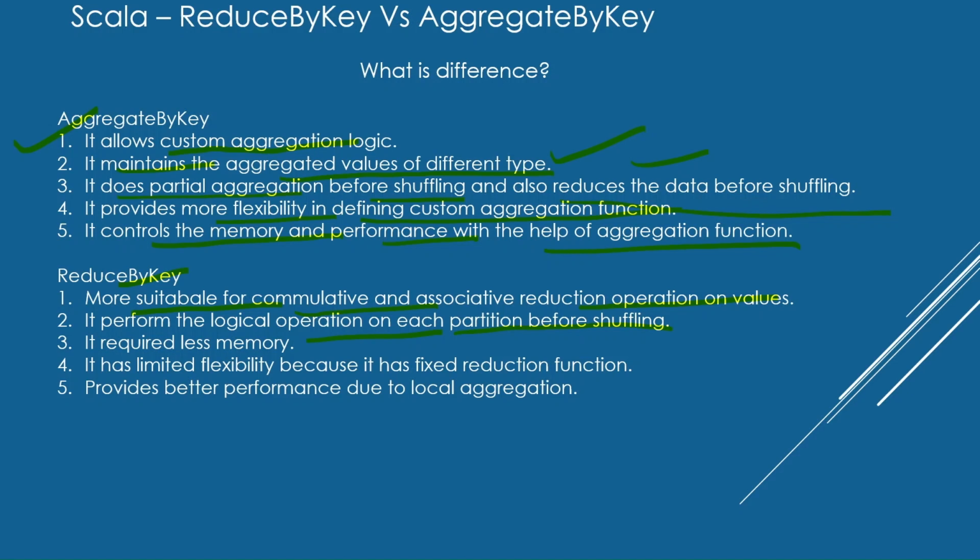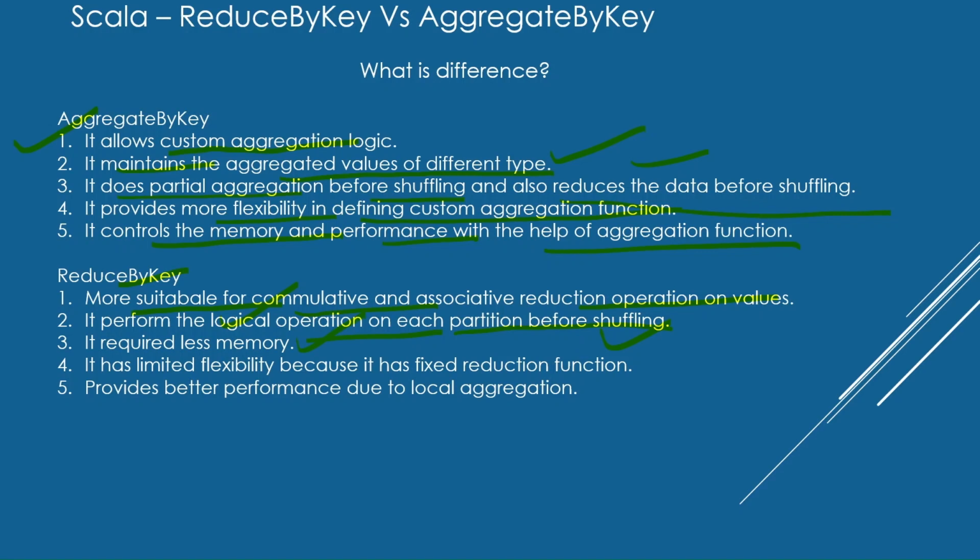Suppose we are doing a sum aggregation: the sum function will be applied on each and every partition, and then whatever result it gets will be shuffled to different executors in different partitions. That's why it is said that the logical operation is performed on each partition before the shuffling. It requires less memory because the data is going to reduce drastically.